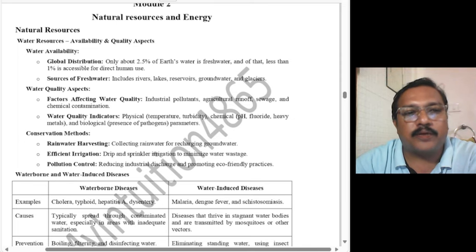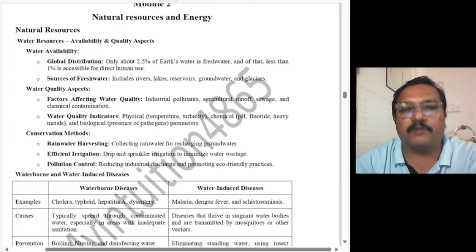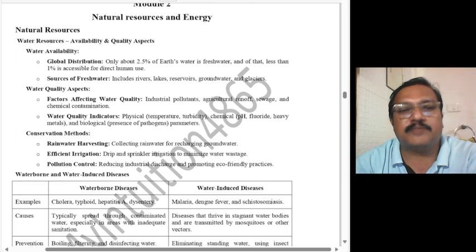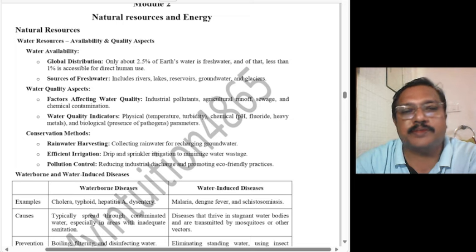Then groundwater, which is water stored under the ground, which we can access by digging wells. Then glaciers, huge masses of ice found in mountains and the polar regions. As they melt, they release water into rivers.